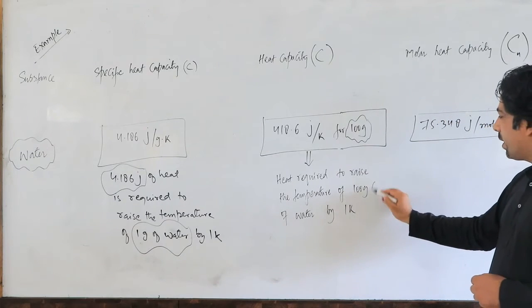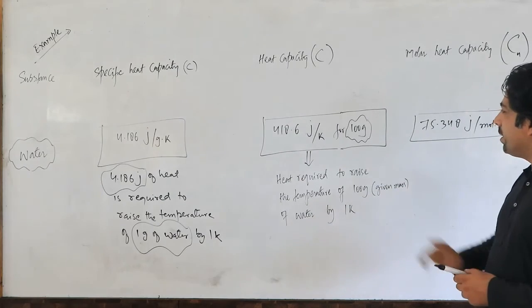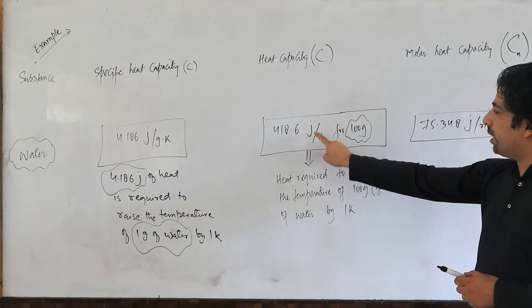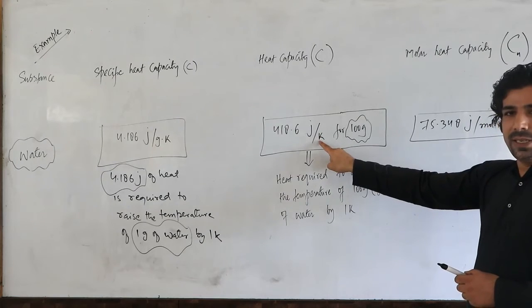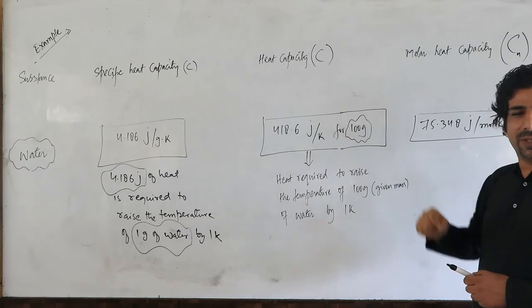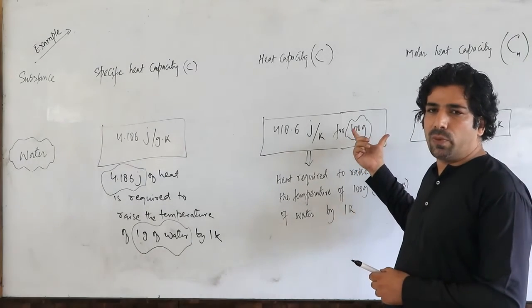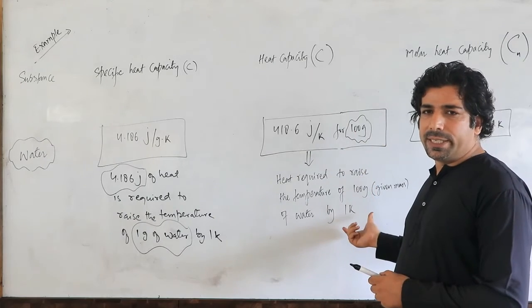So this 100 gram is basically a given mass here. And I did not mention gram in the formula, it's just joule per Kelvin. That means a mass is given to you, 100 grams, and you have to raise the temperature of 100 grams of water by 1 degree Celsius.